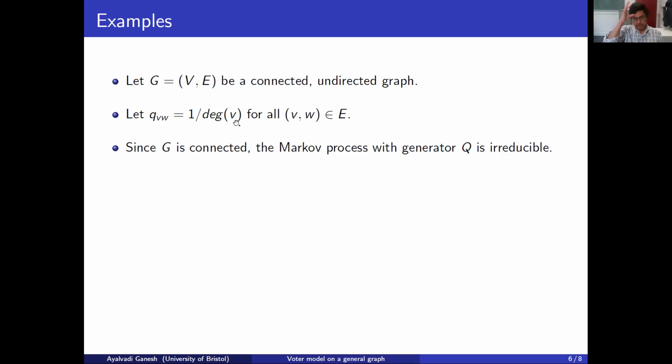These are the contact rates for the voter model, and we want to study the random walk with this generator. Because the graph is connected, it's possible to walk from any vertex to any other vertex, which means that the random walk with this generator is irreducible. It can reach any vertex from any other vertex.